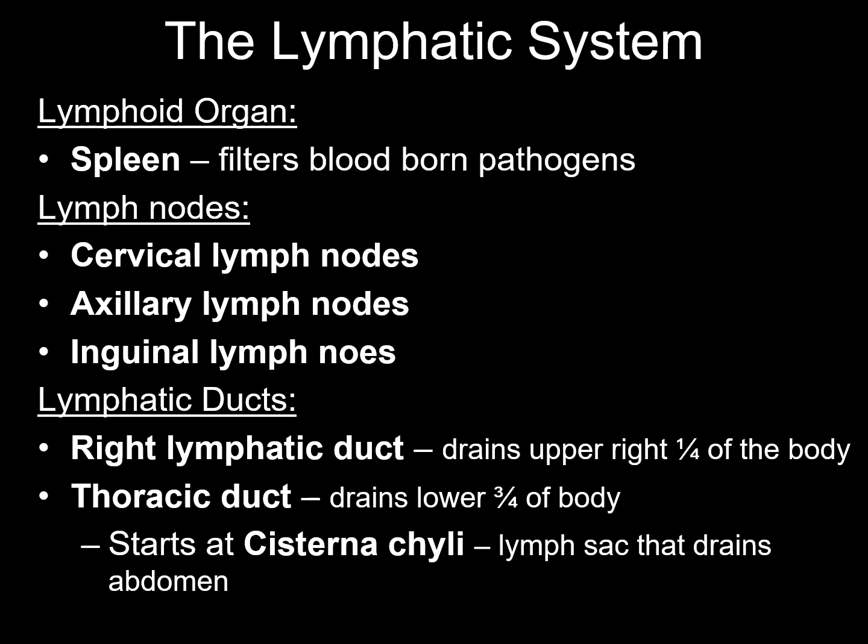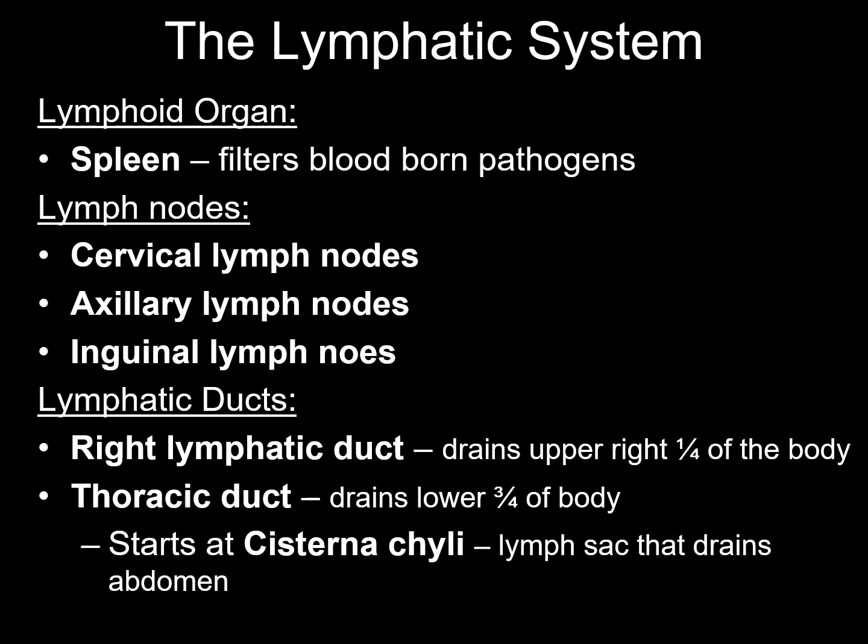So we're going to finish up with the lymphatic system. A lot of people forget about the lymphatic system, but it's very important in our body because essentially it's a filtration system. It picks up any fluid that has leaked out of the capillaries or the vessels in the tissues, and it brings all of that fluid, which we call lymph, back to the cardiovascular system.